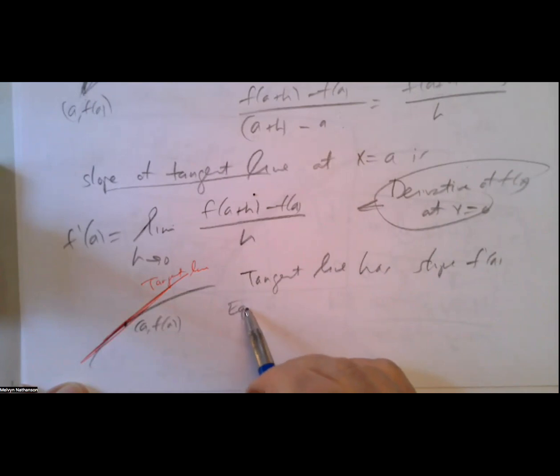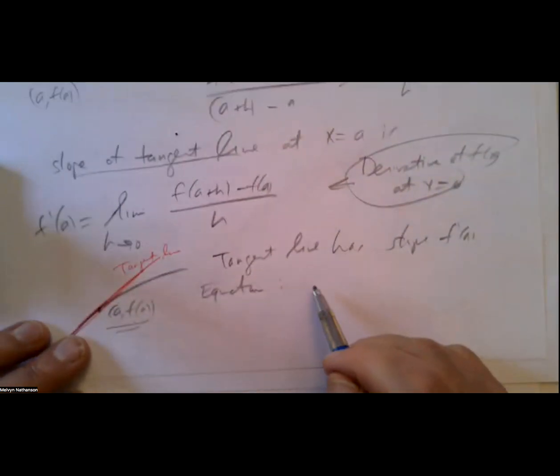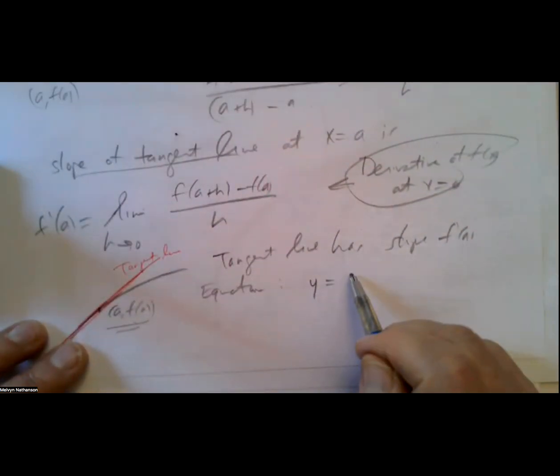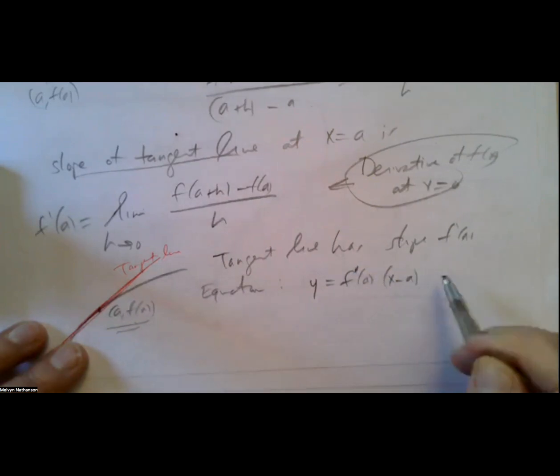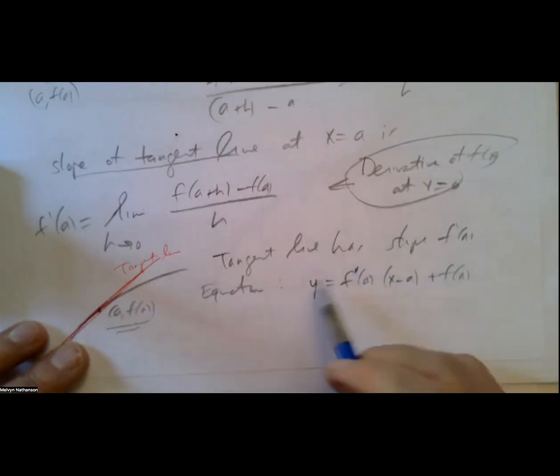So the equation of the tangent line, it's the line through the point a comma f of a with slope f prime of a. So the equation of that line is y equals the slope f prime of a times x minus a plus f of a. So that's the tangent line.